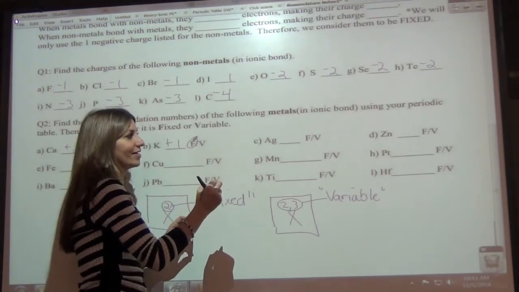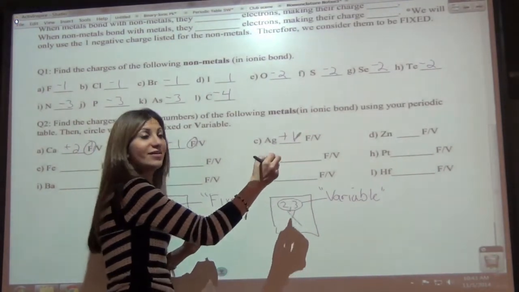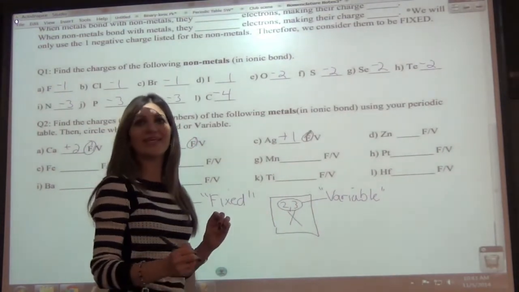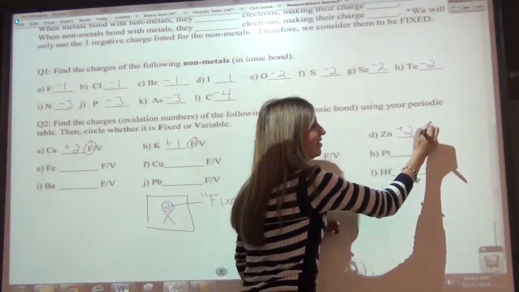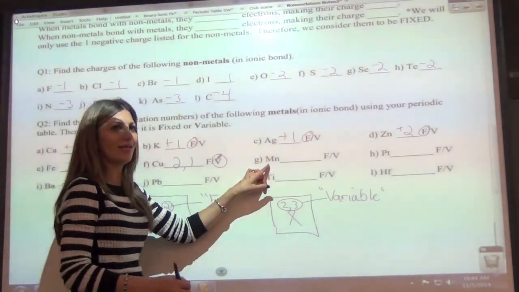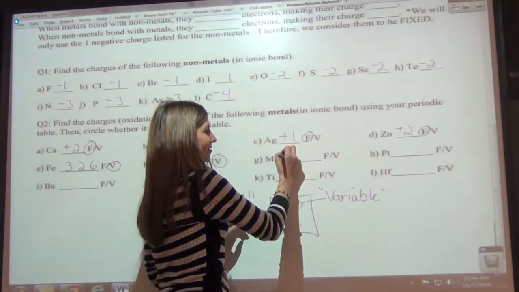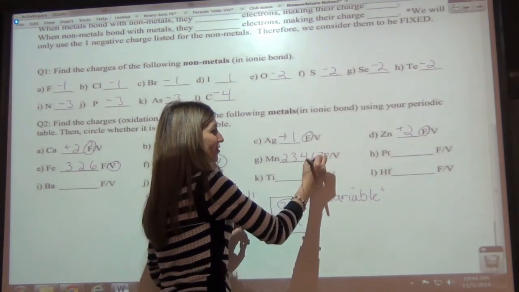Nice. Ag, so silver. +1. Fixed or variable. Fixed. Very good. Zinc. +2. Fixed or variable. Fixed. Very good. The next one, Mn. +2, +3, +4, +6, +7. Perfect.